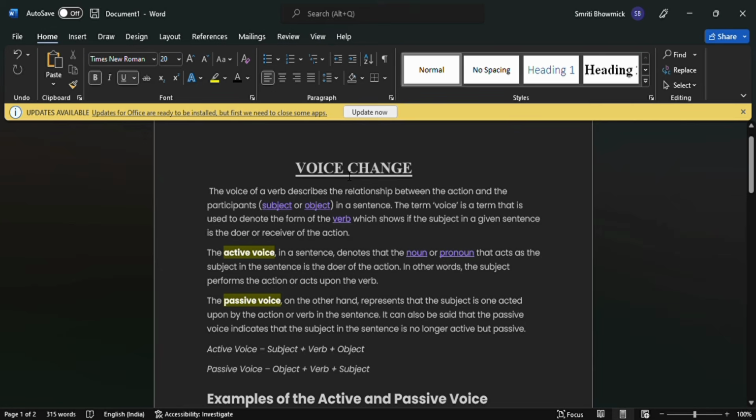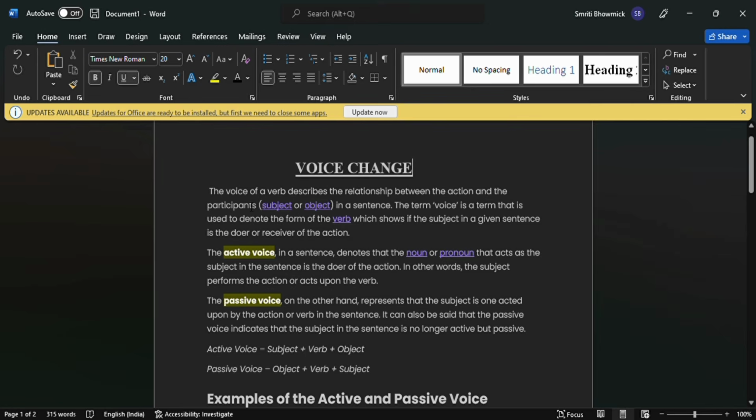So voice is actually a form of verb that describes the relationship between the action and its doer in a sentence. To be more clear, we can say that voice denotes if the doer has done its action directly, or it has been done by the doer passively.